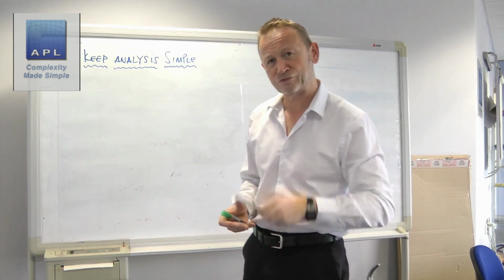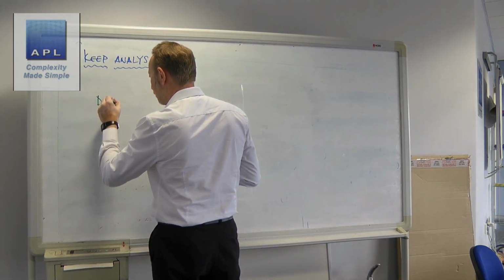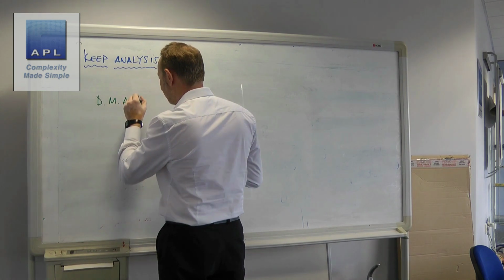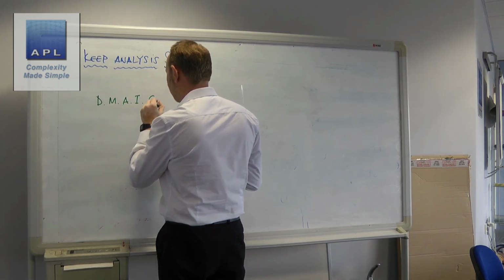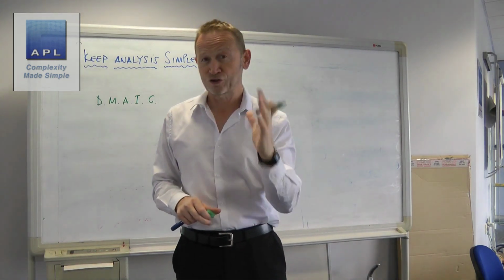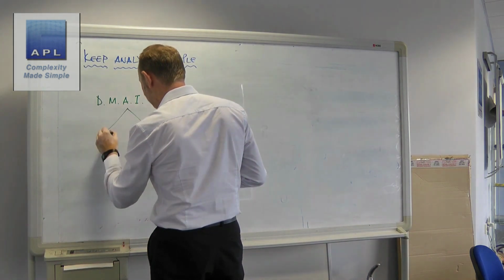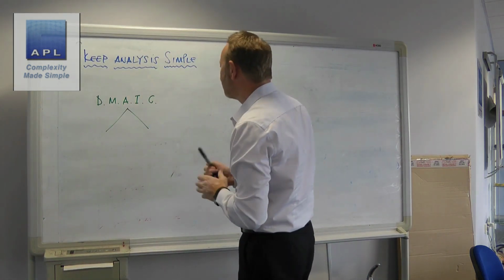And this is one of the problems with Six Sigma. We've got this process: define, measure, analyze, improve, and control. And effectively, there are two types of analysis you can do. Your process is in one of two states.